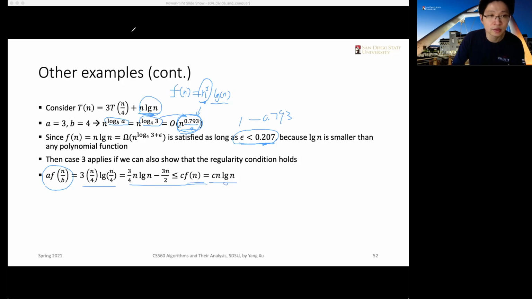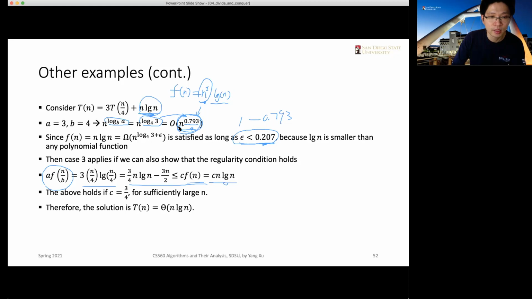And we basically can solve this as long as c is 3 over 4, then it must be true. Okay, so the solution is to use case 3 of the master method, which means we need to use big theta of n times logarithm of n.